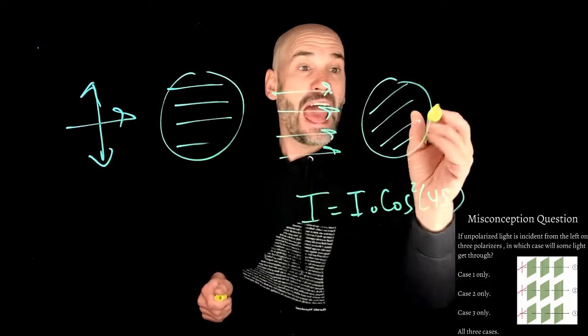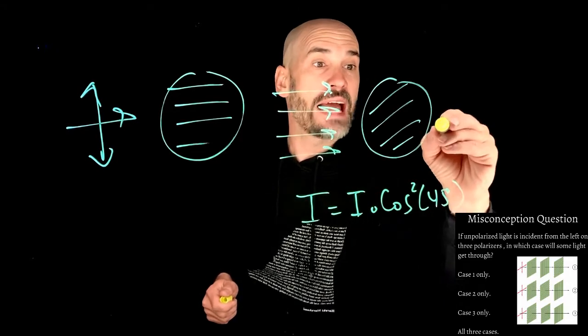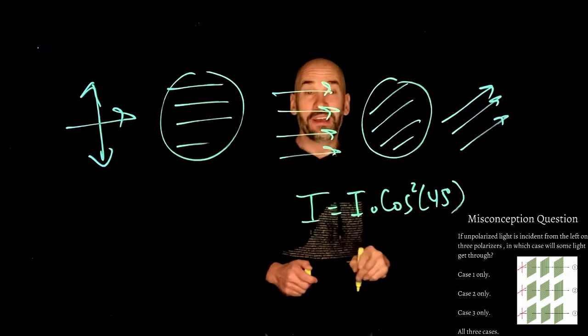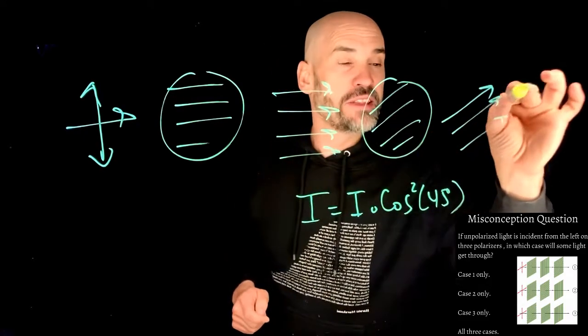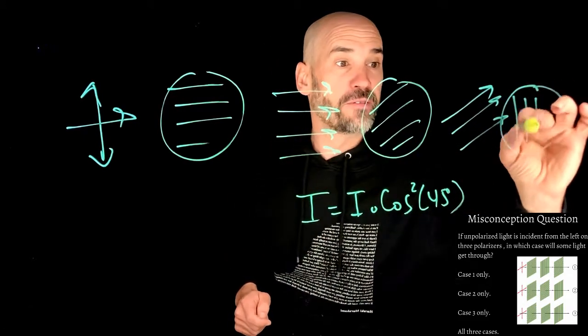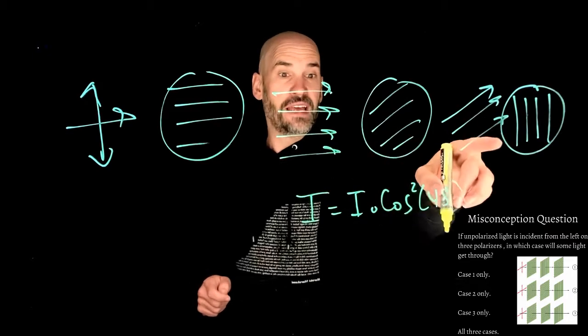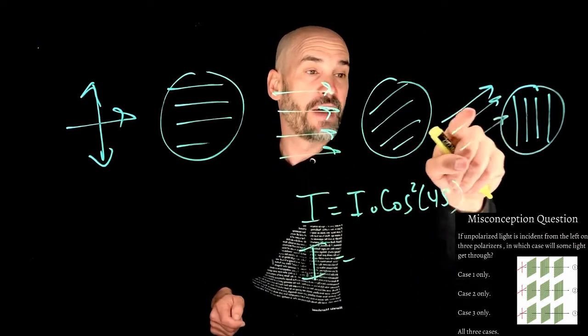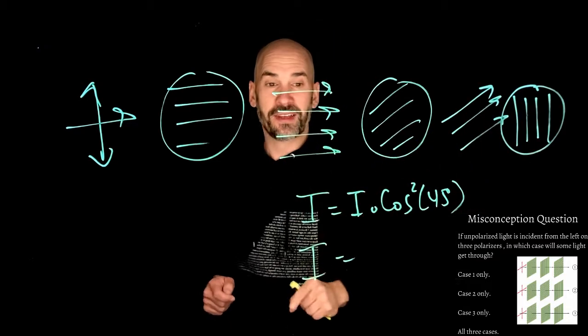So you're going to have some light coming out at this polarization. Cool. So then when you finally do the last one, which is a totally vertical polarization, then you have another one of these equations because that's oriented now 45 degrees relative to this polarizer.